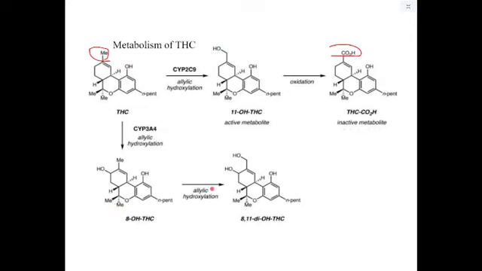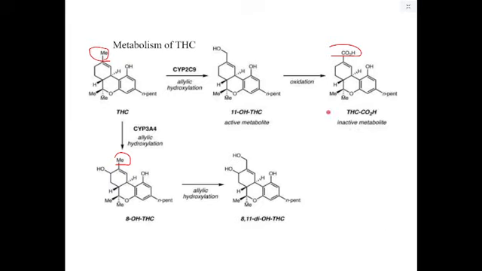And then again, allylic hydroxylation, whereby now this methyl group can also undergo oxidative hydroxylation to give us 8,11-dihydroxy tetrahydrocannabinol. So those are majorly metabolized by the cytochrome P450 enzymes.